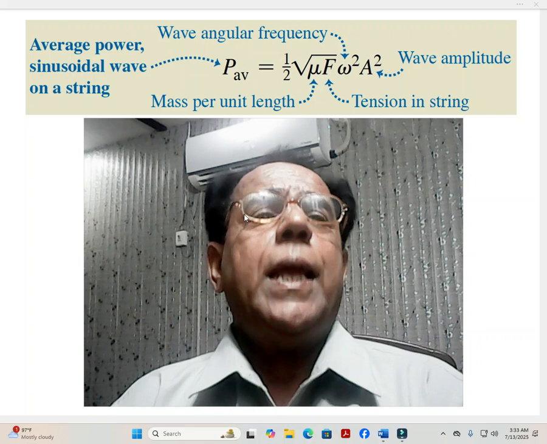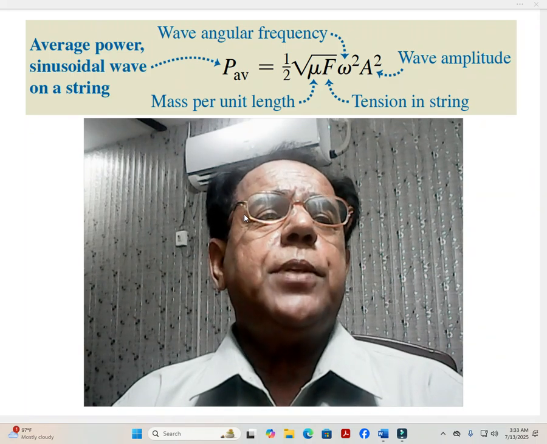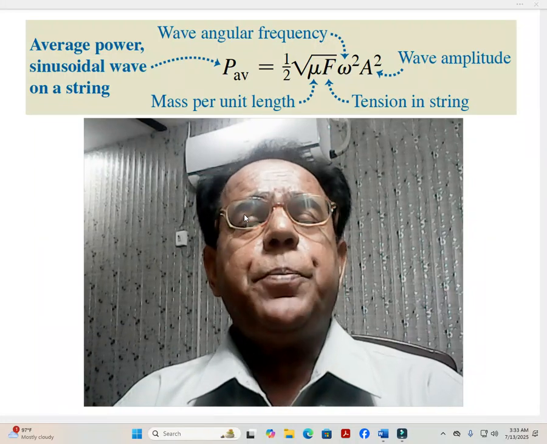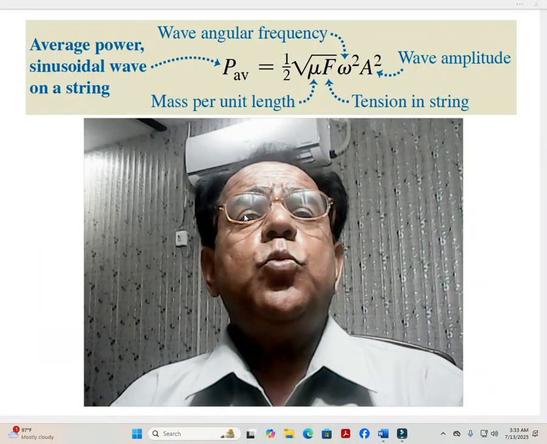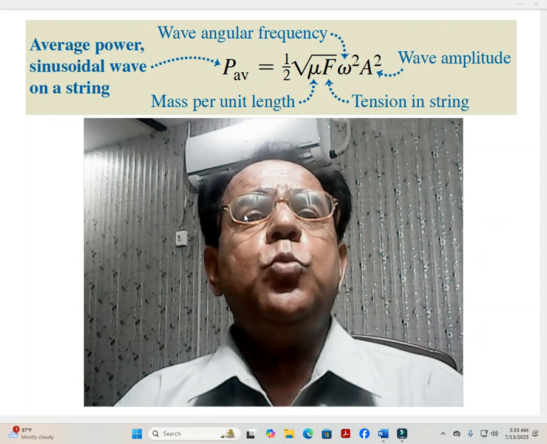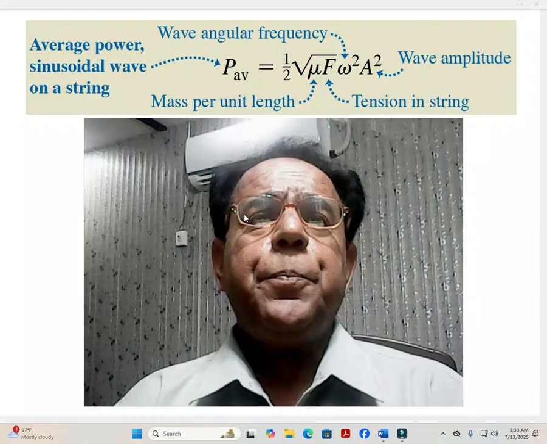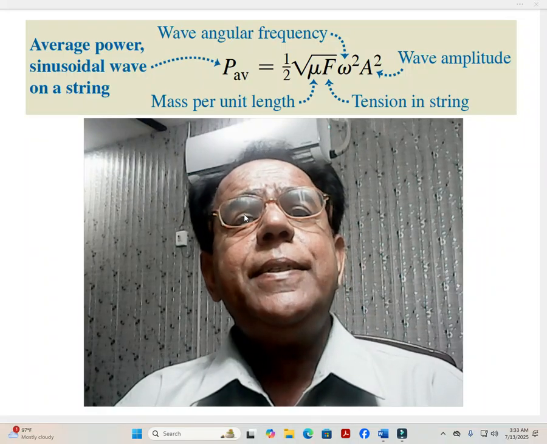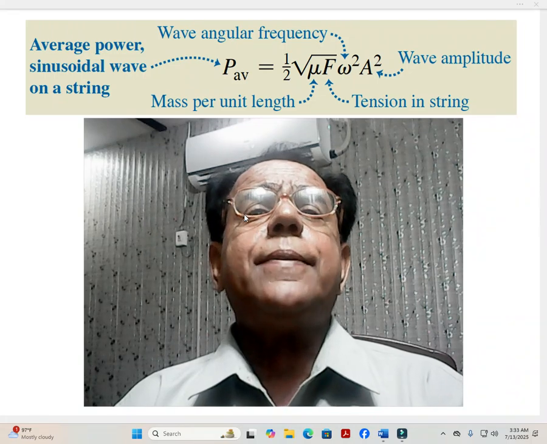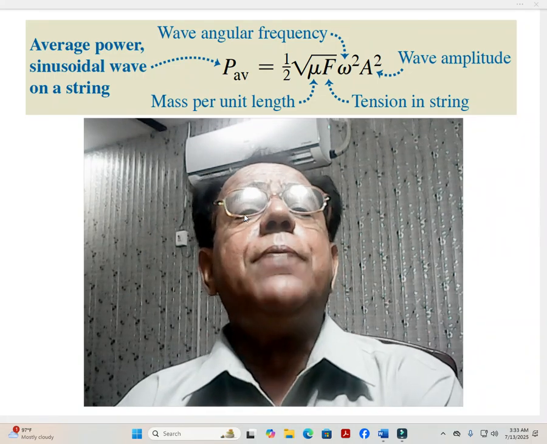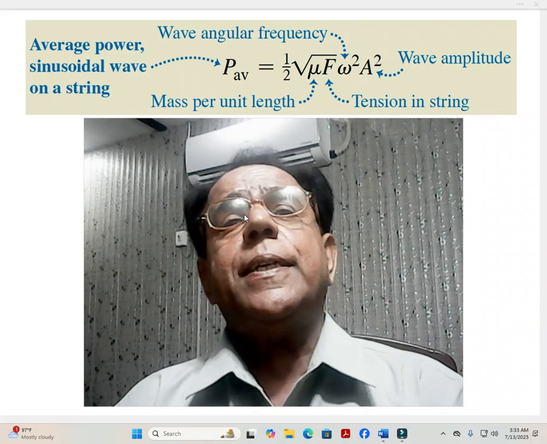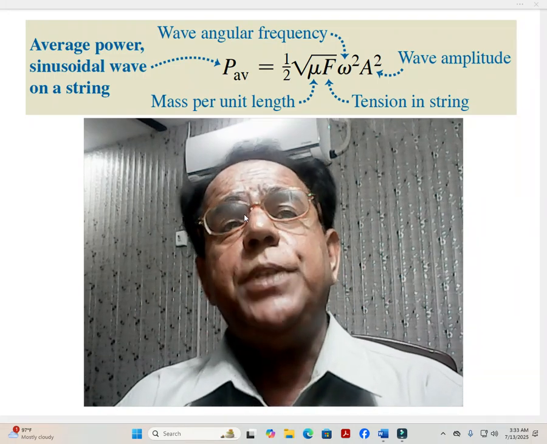The average power of a sinusoidal wave on a string is P_av equal to half into square root of mu F, where mu is mass per unit length and F is tension in the string, into omega square, where omega is the wave angular frequency, into A square, where A is the wave amplitude.